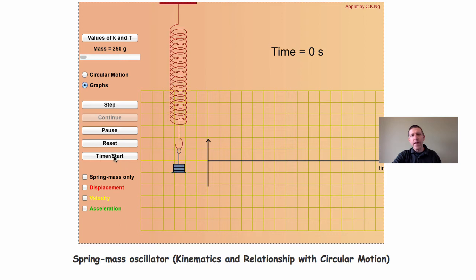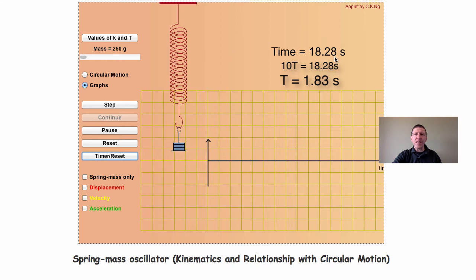Here we go. Start. 0, 1, 2, 3, 4, 5, 6, 7, 8, 9, and stop. So I got 18.28 seconds for 10 periods. That means the period of this thing is 1.828 seconds.